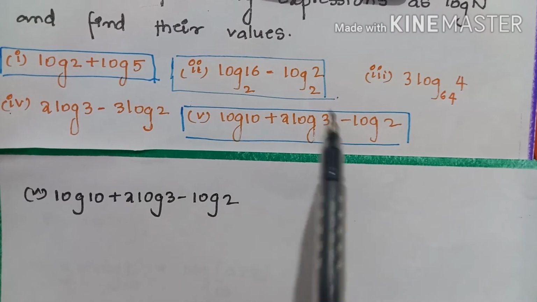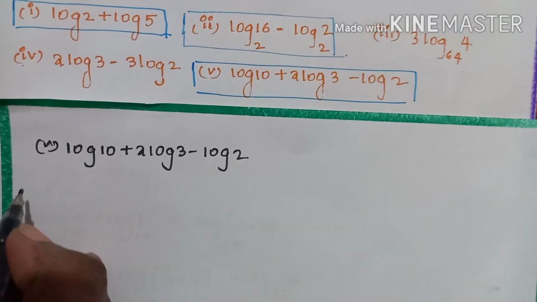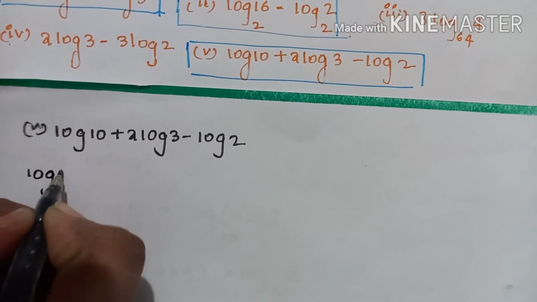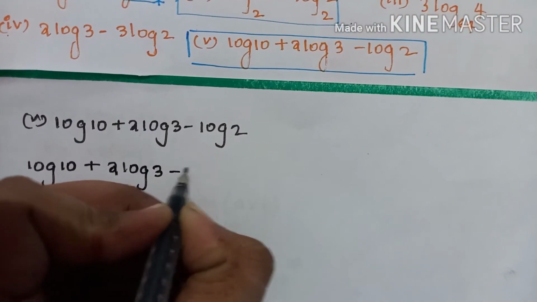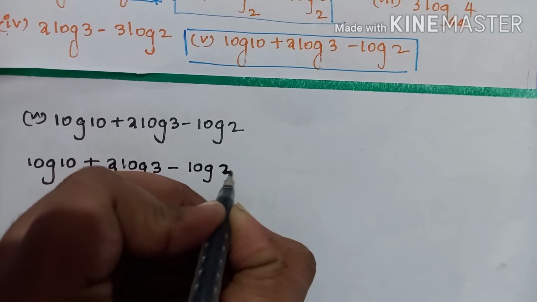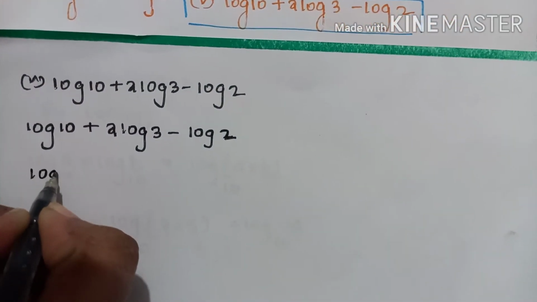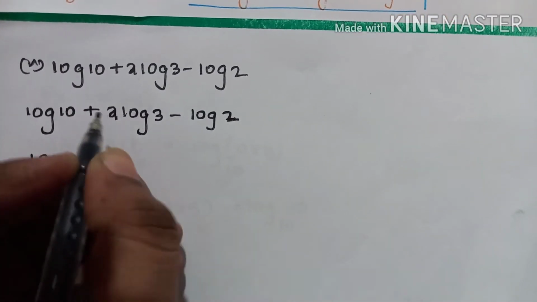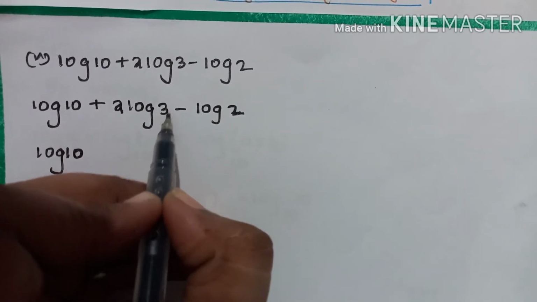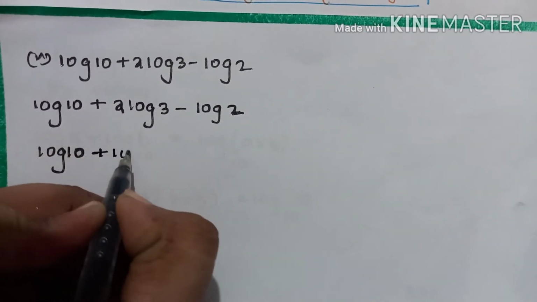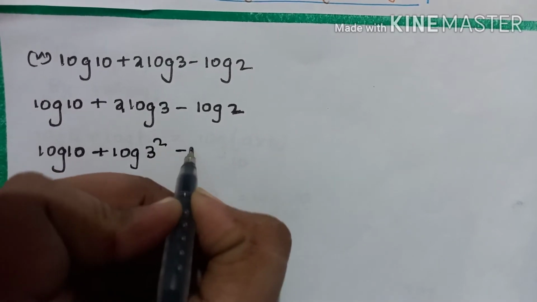And I am solving the fifth question. So it is log 10 plus 2 log 3 minus log 2. By using the property, this 2 goes as the power of 3, that is log 3 square minus log 2.